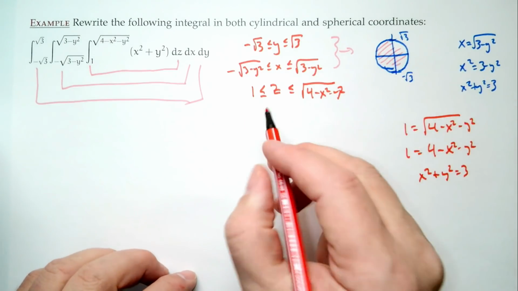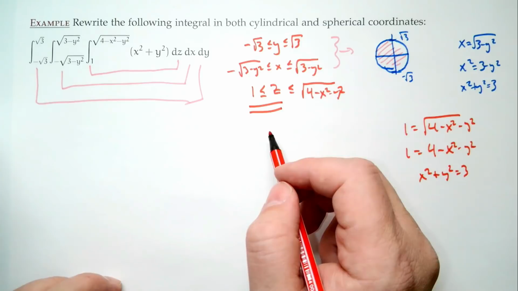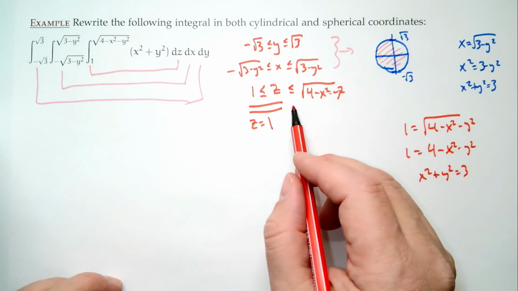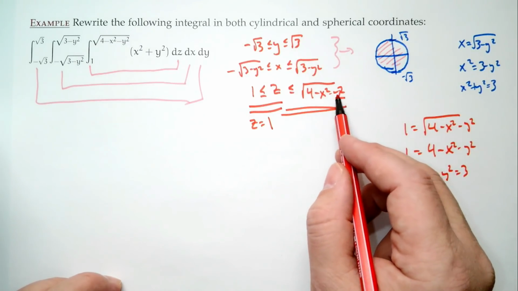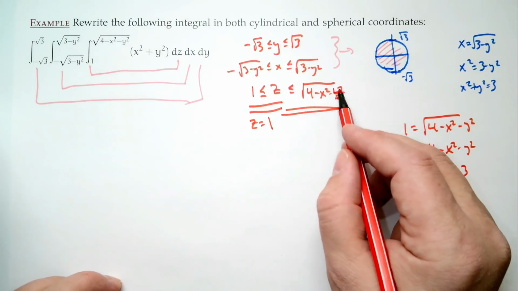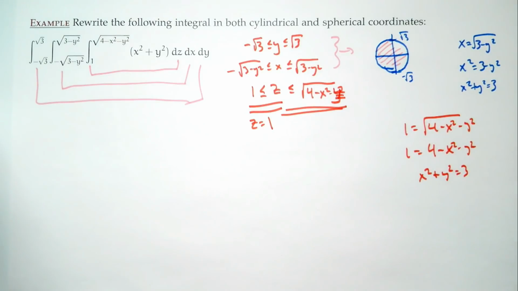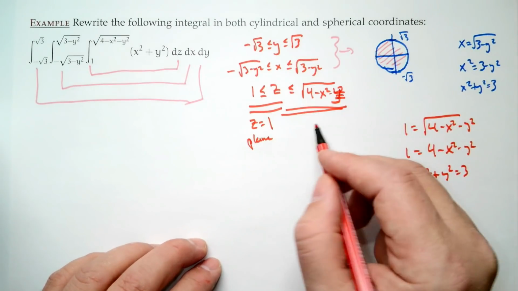When I say they, what are they? What does z equals 1 correspond to? It's a plane. It's not a bird. It's a plane. How about this one? z equals the square root of 4 minus x squared minus y squared. What is that? It's a sphere.